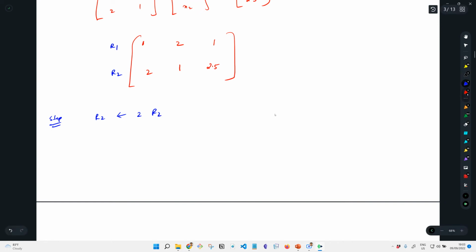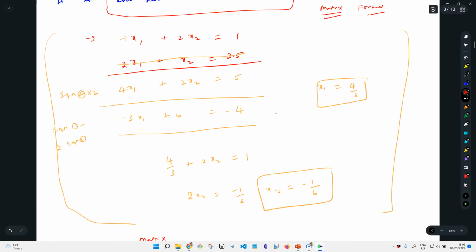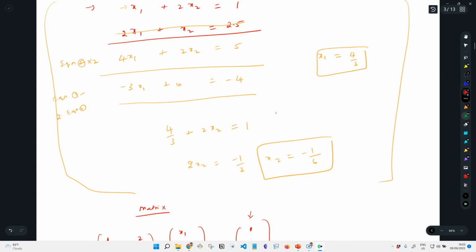When you do R2 equals 2 times R2, what will be A? 1, 2, 1, 4, 2, 5. Are you all convinced that whatever you obtained here, it is being reflected there?